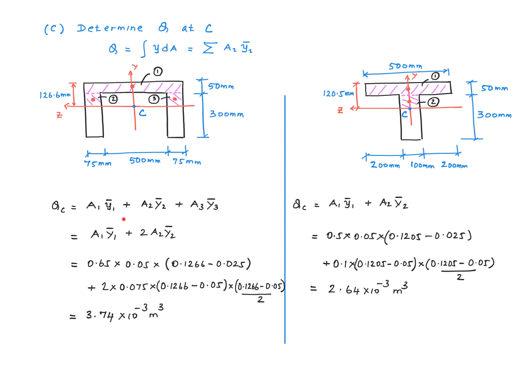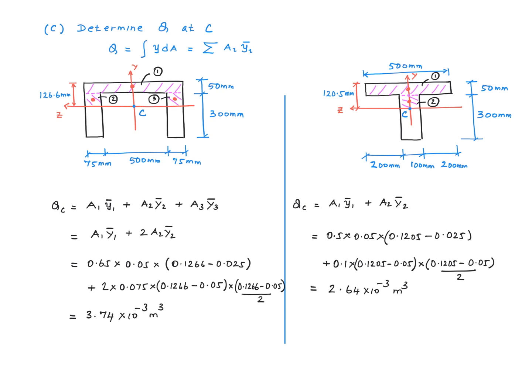Once again, we're going to be using the principle of the composite sections. For the C channel, I have divided this into three rectangles. This is rectangle number 1, this is rectangle number 2, this is rectangle number 3. Q_C then is A1 times Y1 bar plus A2 times Y2 bar plus A3 times Y3 bar.